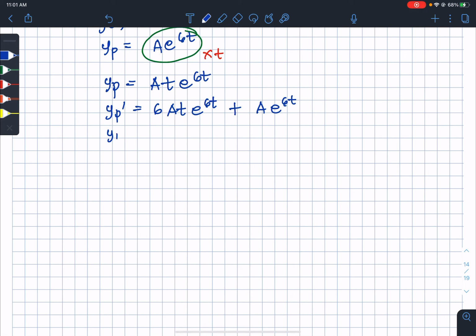And yp double prime, so we'll have u as at, and then e^(6t), derivative of 6t is 6 times 6 is 36, and plus e^(6t), derivative of at is a, times 6, that is 6a, and plus 6a e^(6t).